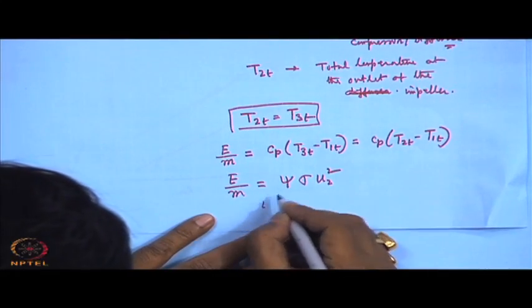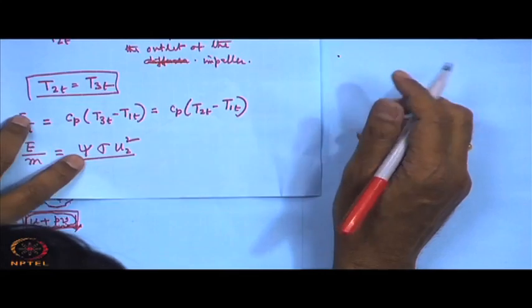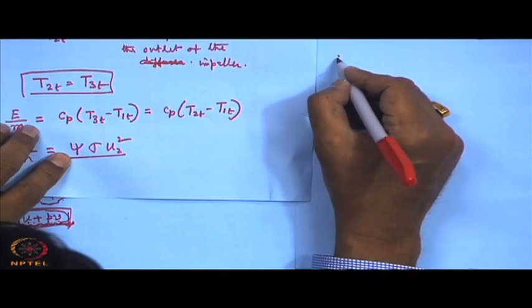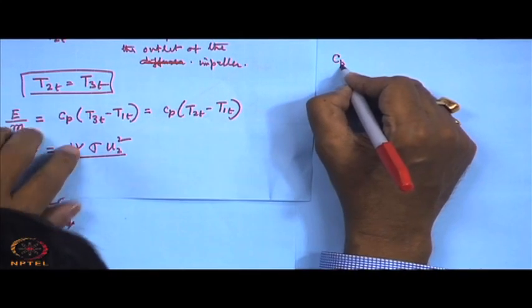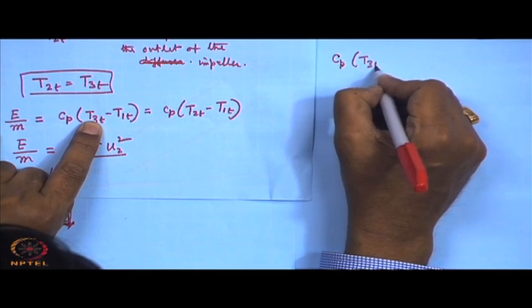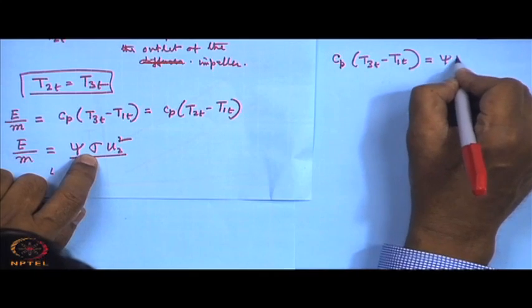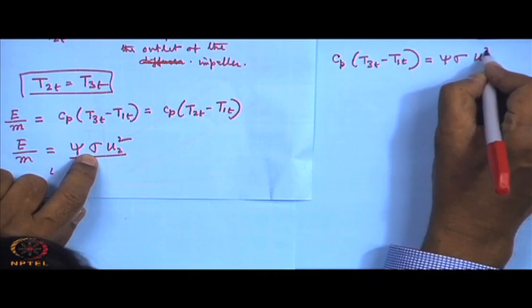Again, E by M is this, yes. Then from this we can write Cp, let us write here, T3T minus T1T is equal to psi sigma U2 square.